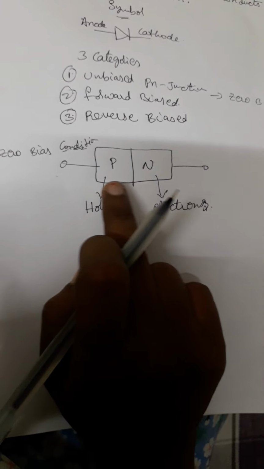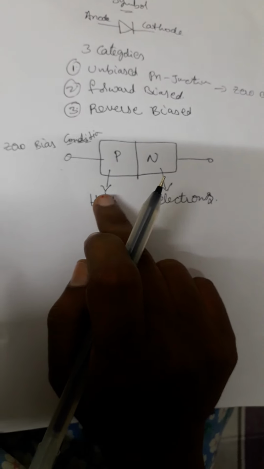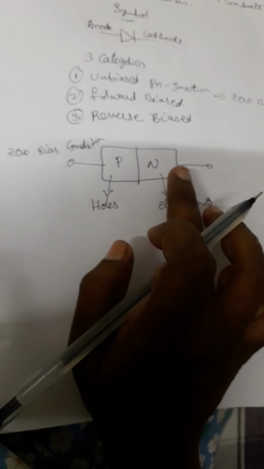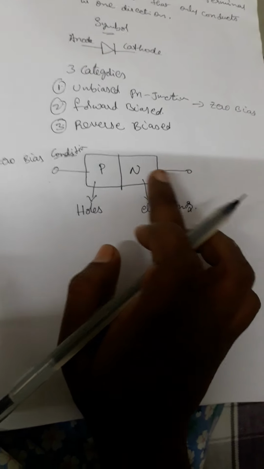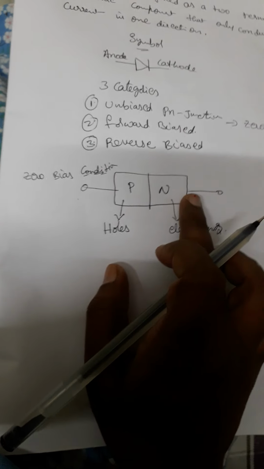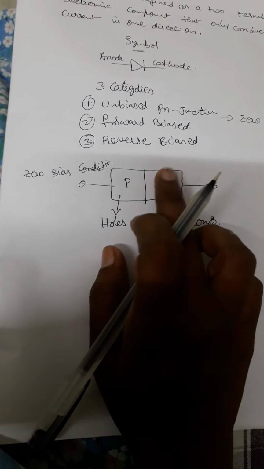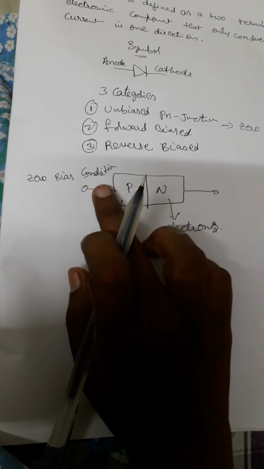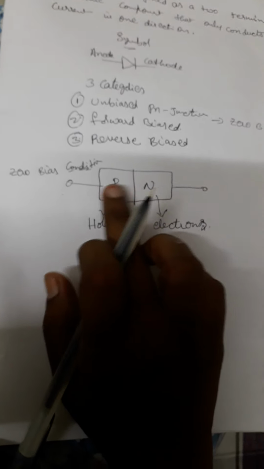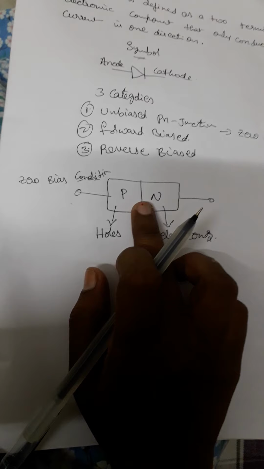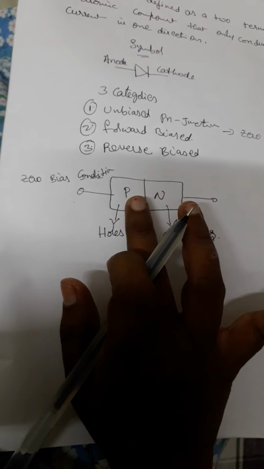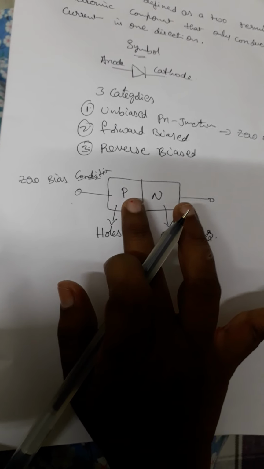In this case, no external voltage is applied, and therefore the electrons, which are majority carriers in the N side, diffuse to the P side, and simultaneously holes diffuse towards the N side through the junction, and then combine with each other. Due to this, an electric field is generated by these charge carriers.